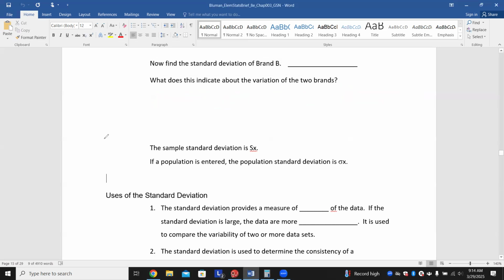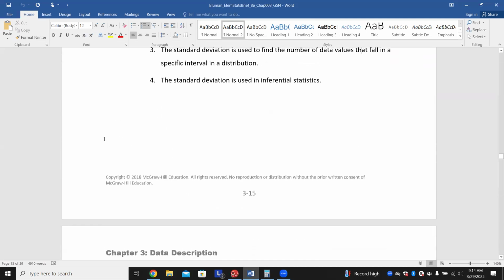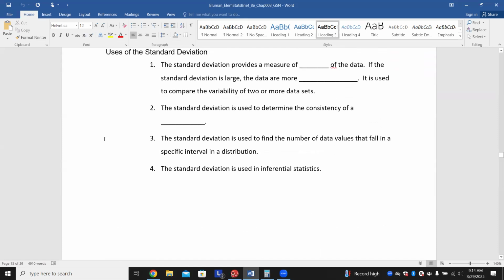Uses of the standard deviation. So the standard deviation provides measures of spread or variation. Really, spread would be the best word. So spread, but you could also say variation of the data. So if the standard deviation is large, the data are more dispersed or spread out.